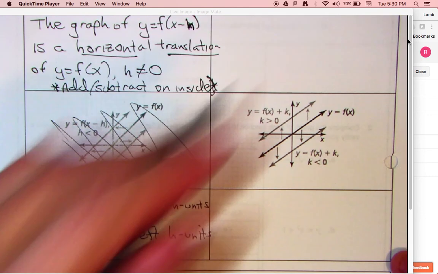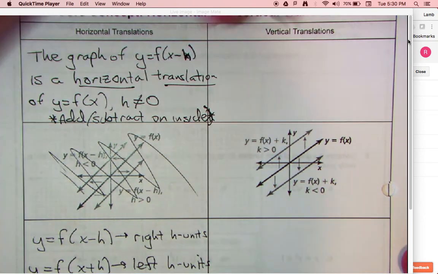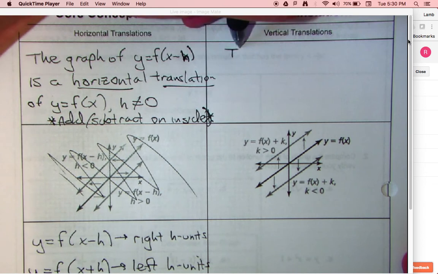All right, vertical translations. Vertical translations is moving things up and down. So let's talk about what that looks like, a definition of it.